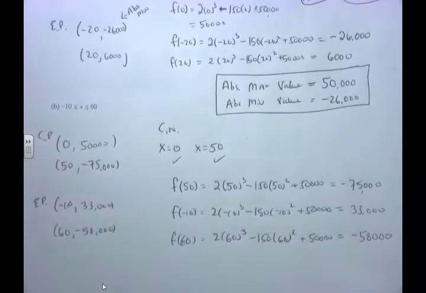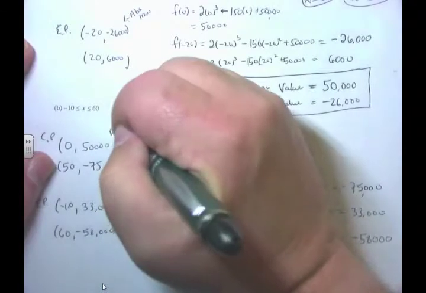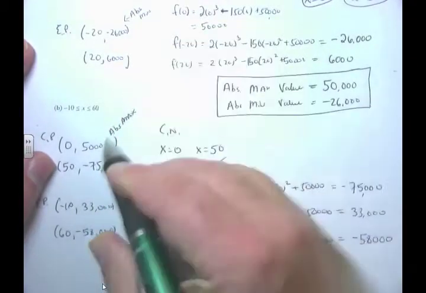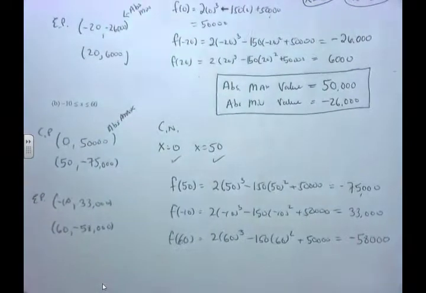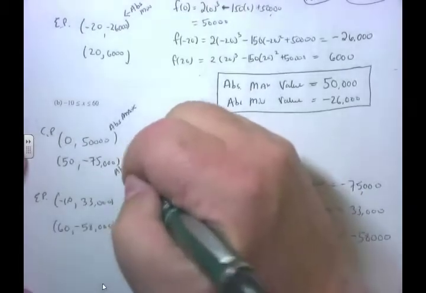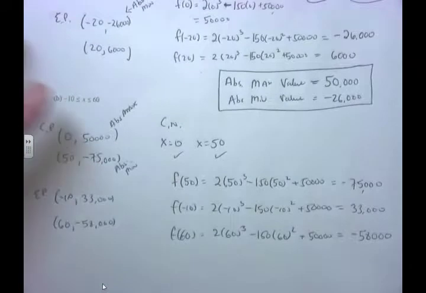Well, who is your absolute max? Who is the absolute min? Who's the biggest number around? 50,000. So the absolute max is 50,000. What's the absolute min? Which one? Oh, at 50. The absolute min is negative 75,000. You're comparing y-coordinates.